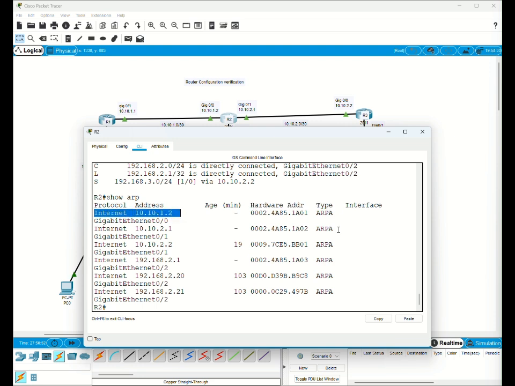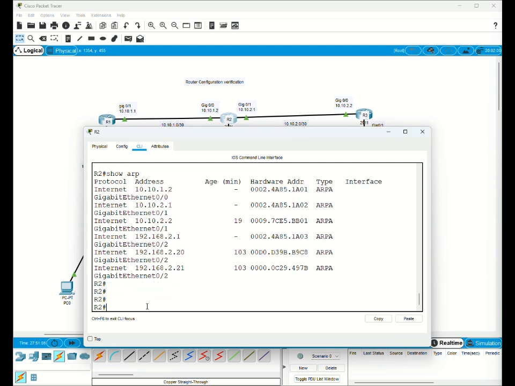So the IP addresses are mapped to hardware addresses. Okay, that's the role of ARP. So that's how it sends packets, by the understanding that it knows the IP address and the MAC address of the destination.